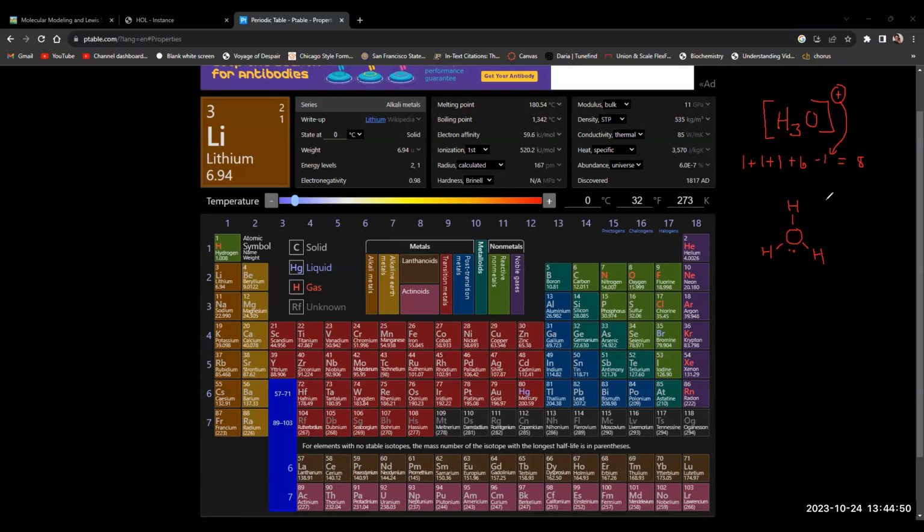Octet is reached. Since it's charged, we put our brackets. And there we go. That's hydronium, or H3O plus.